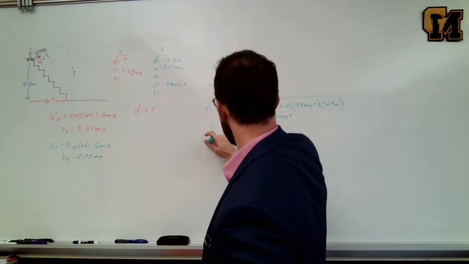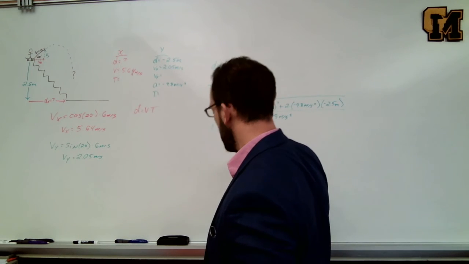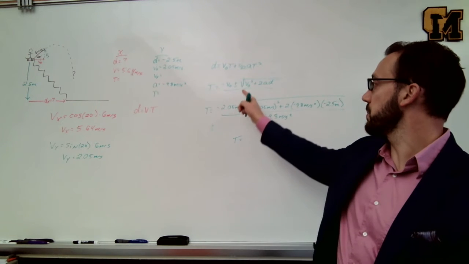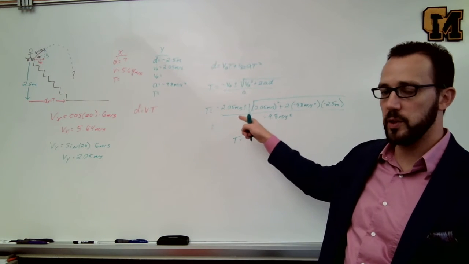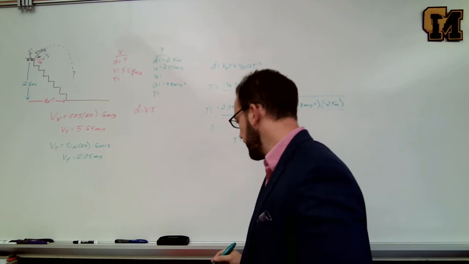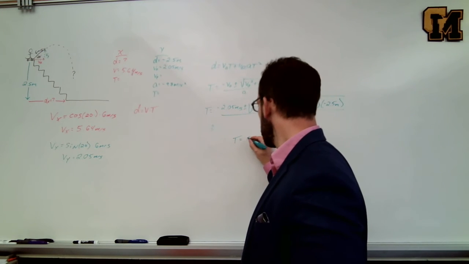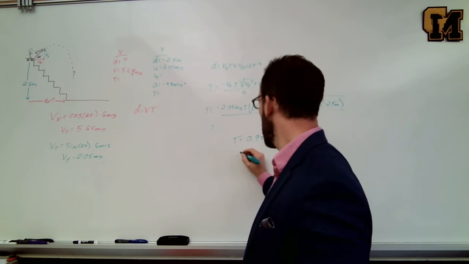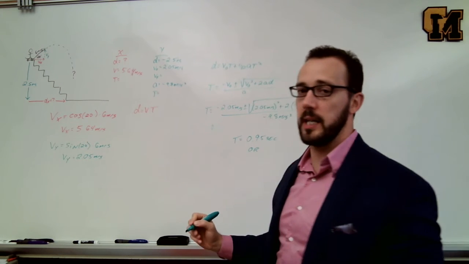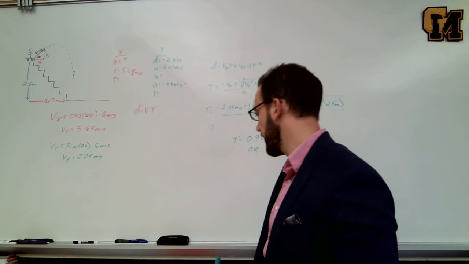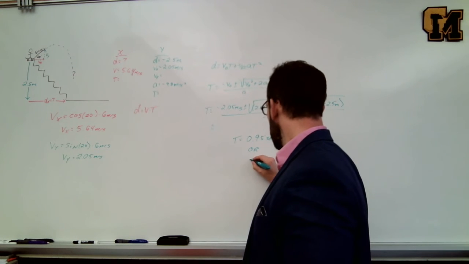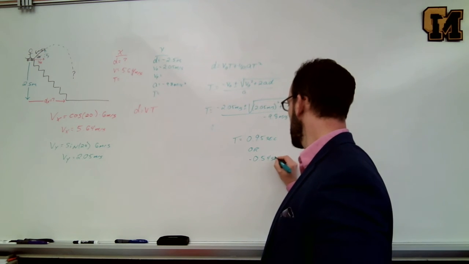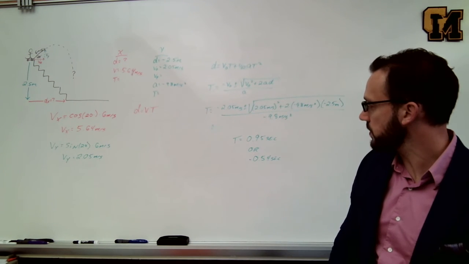When I plug all of that into my calculator, what I get is two potential times because of the plus and minus before the square root. My first time is 0.95 seconds. And then my second potential time would be negative 0.54 seconds.